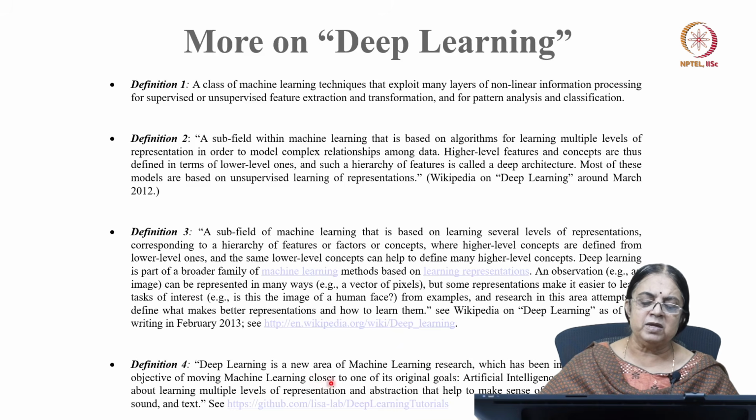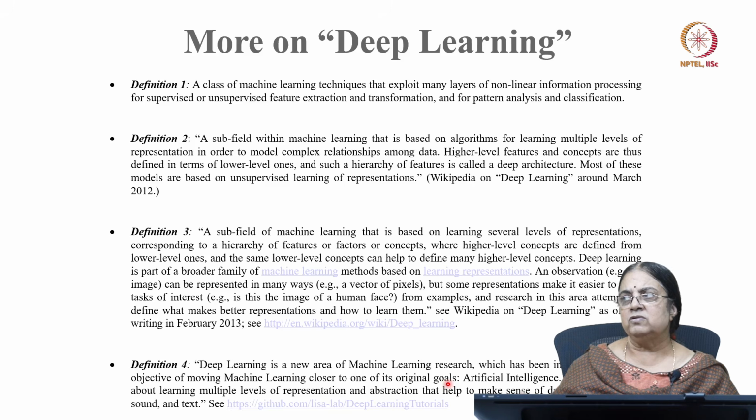The reason why you would say this, first of all, is the type of performance that you are getting with deep learning methods. The performance is really phenomenal as compared to other machine learning algorithms. Another reason is that you have data of different types which can be input into your deep learning algorithm.